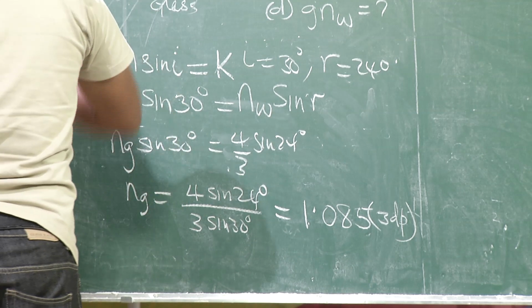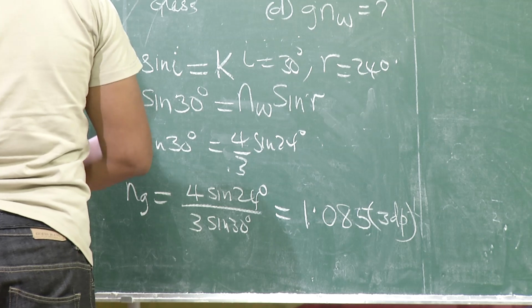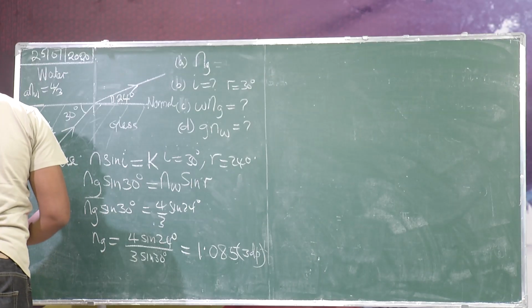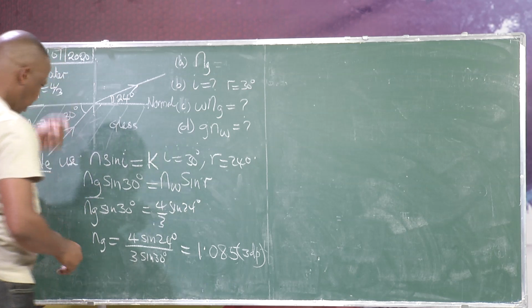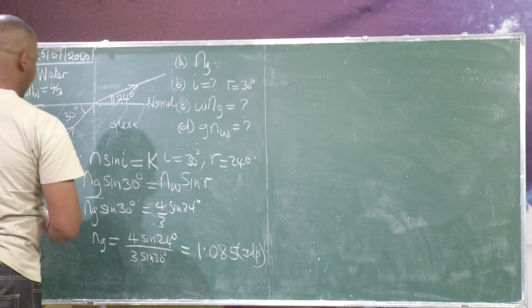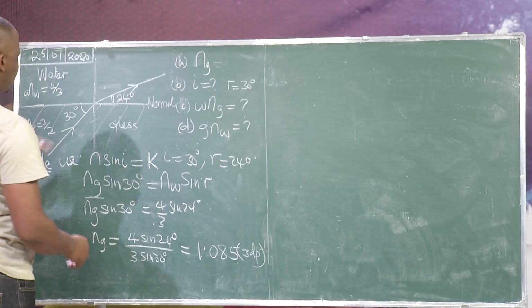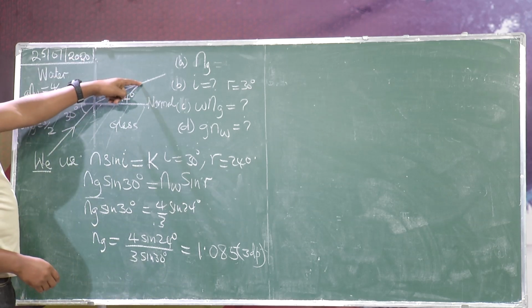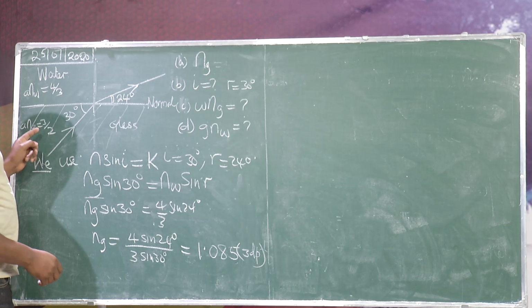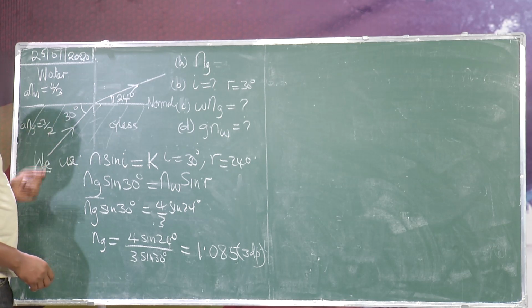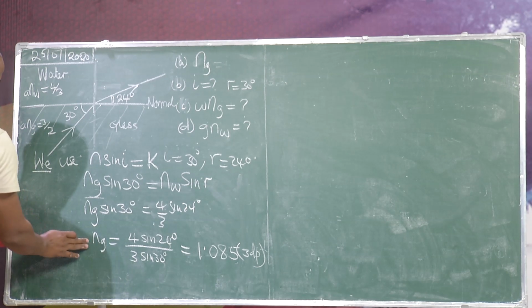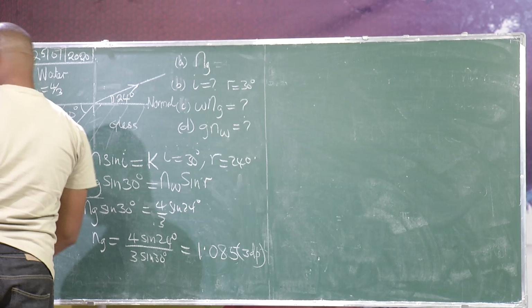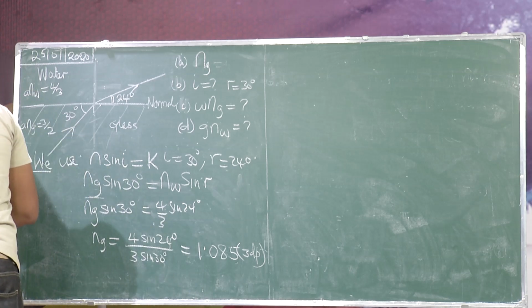I is 30 degrees, R is 24 degrees. Our n glass becomes this. Another student who chooses to do it the other way around would begin with the 4 over 3, the sine of 24, should be equal to n glass, the sine of 30. We are not using A because if it is absolute, it is assumed that it should be air.